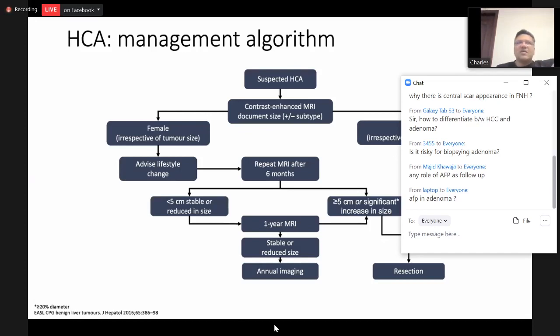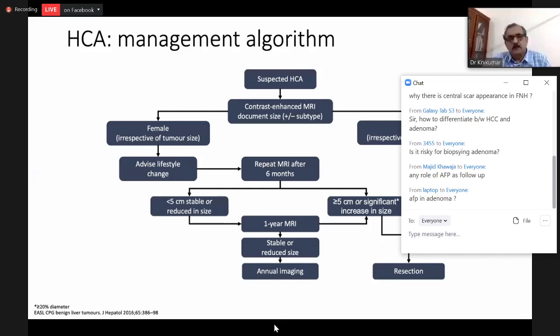You should not biopsy exophytic or pedunculated adenomas. Deeply seated adenomas you can biopsy with a plug biopsy, but invariably there's a risk of bleed because they are vascular lesions. If you can confidently make a diagnosis with an MR, a non-invasive modality, then you don't need a biopsy. Otherwise, a biopsy is needed to differentiate it from a hepatocellular carcinoma.